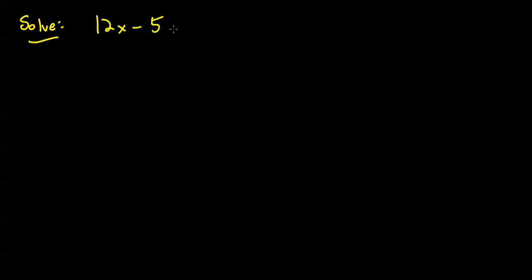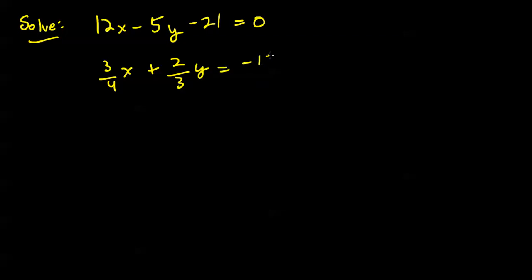12x minus 5y minus 21 equals 0. And 3/4 x plus 2/3 y equals minus 13/8. Yeah, don't panic.